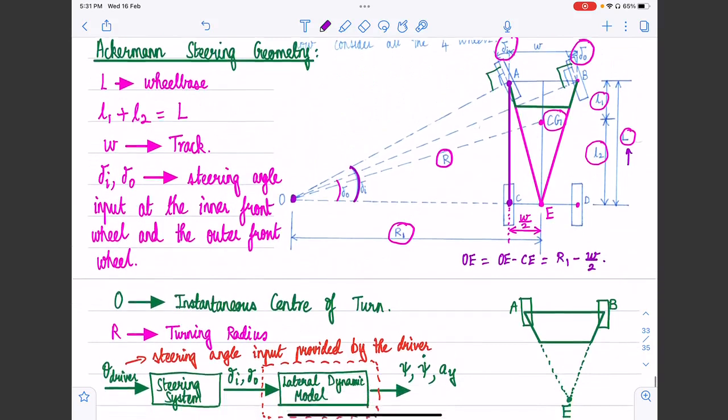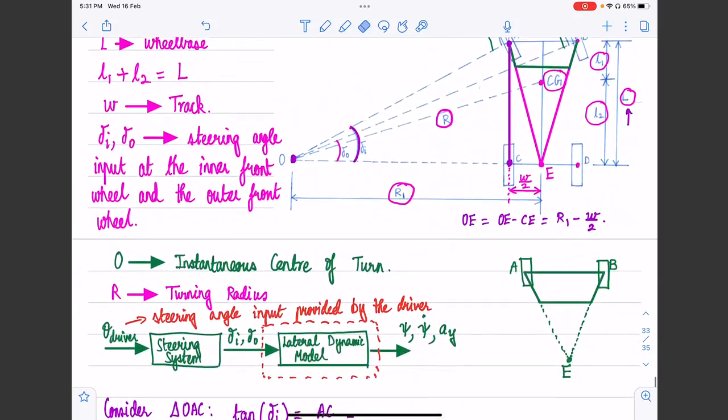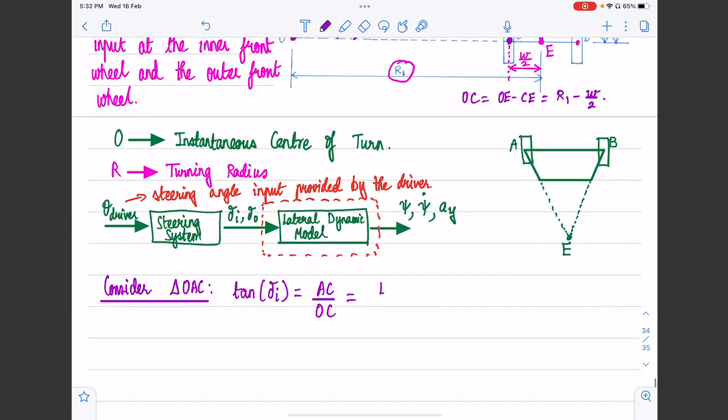Consequently, OC is going to be equal to R1 minus W by 2. So let's write it: tan delta I is L divided by R1 minus W by 2. This implies that cot delta I, I'm just going to invert this ratio, will become R1 minus W by 2 divided by L. Let's call this equation number 1.